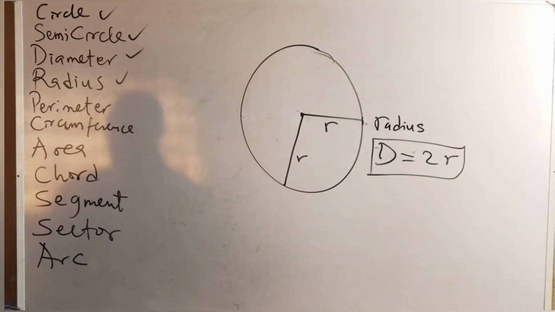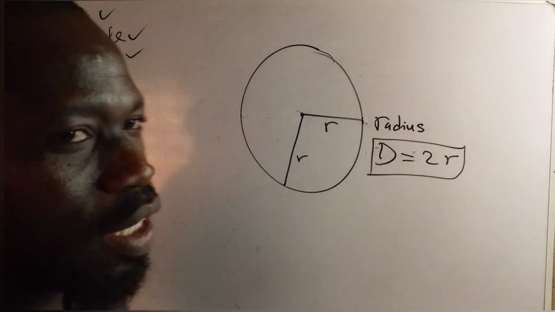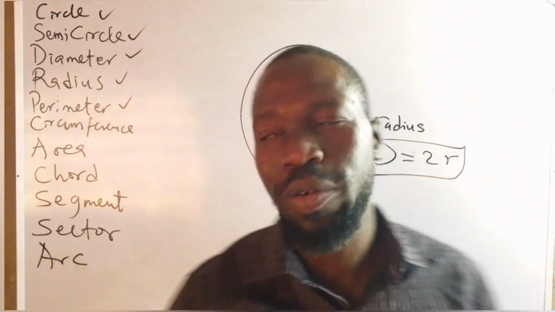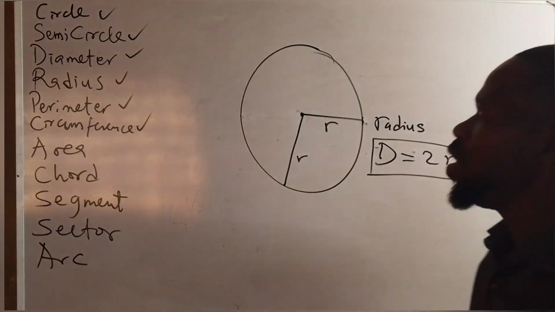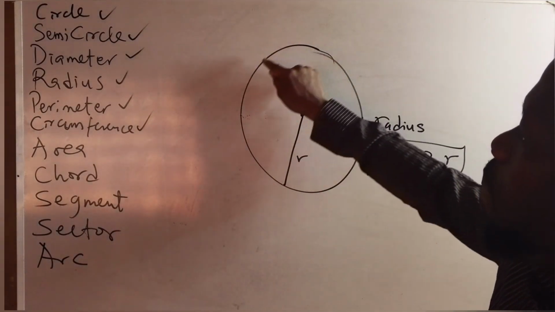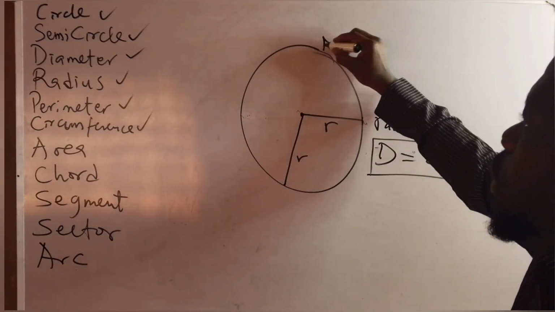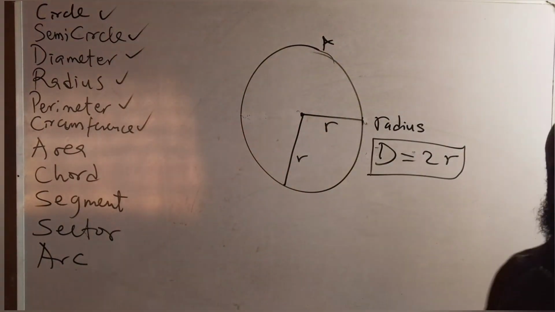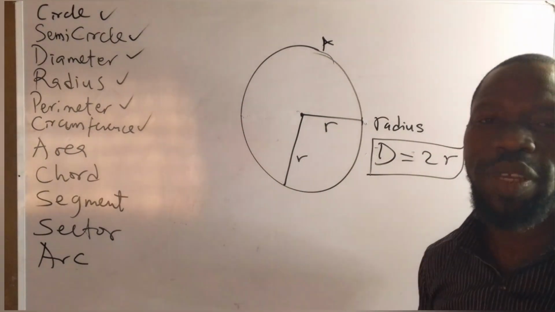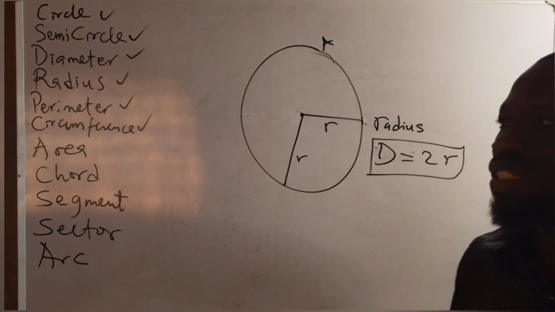All right. So the next thing is perimeter. What is perimeter of a circle? Perimeter of a circle is the same thing as the circumference of the circle, which is the distance round about the circle. You start from any point. Let's say you start from point A and you move round, come back to point A. What distance have you covered? That is the perimeter of the circle, which is also the circumference of the circle.